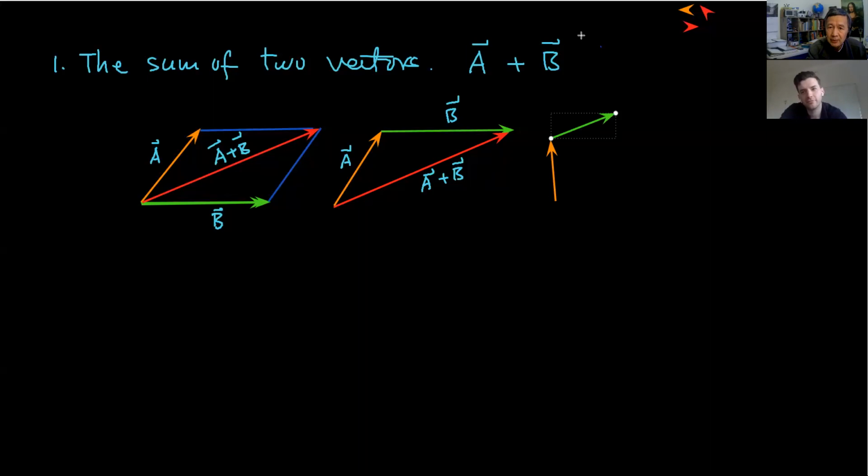This time let's put a 3, so there are 3 vectors. Now, how to find the sum of the 3 vectors? Is it you take the tail of A and connect it to the head of C? Yes, good. That's right. You see, that is an extension of the second method. That would be the sum.